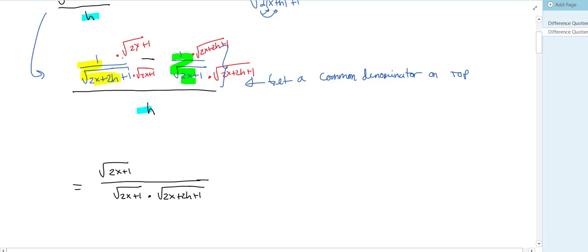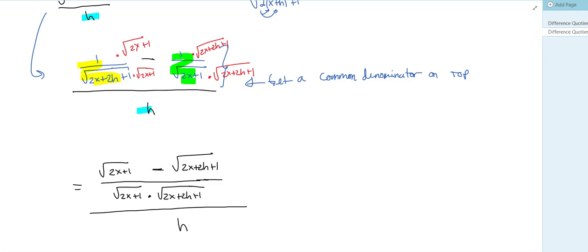So my numerator, 1 times the square root of 2x plus 1 is the square root of 2x plus 1 minus, and then 1 times the square root of 2x plus 2h plus 1. And this is still the whole thing over h.